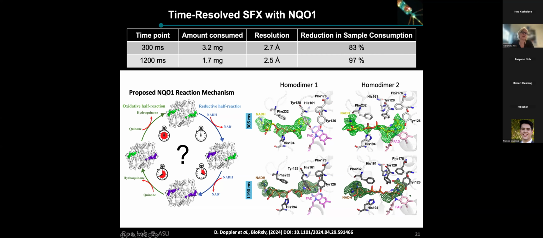And that was our substrate basically. And we noticed binding of the NADH at the 300 and 1200 millisecond time points. And the data supported the distinct stages of NADH binding to the different NQ1 active sites.